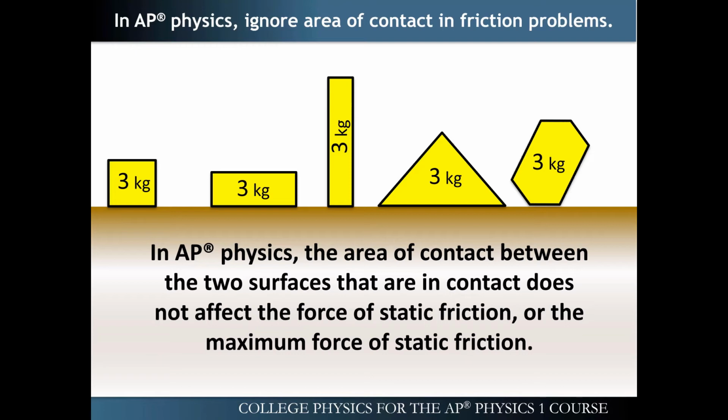If I compared that to the next rectangle, it has more surface area, but it still has the same mass. So the weight is just distributed over a larger area, which changes the pressure, but it doesn't change the friction force. If we have a rectangle oriented the other way with the smaller side, that would create a lot more pressure.